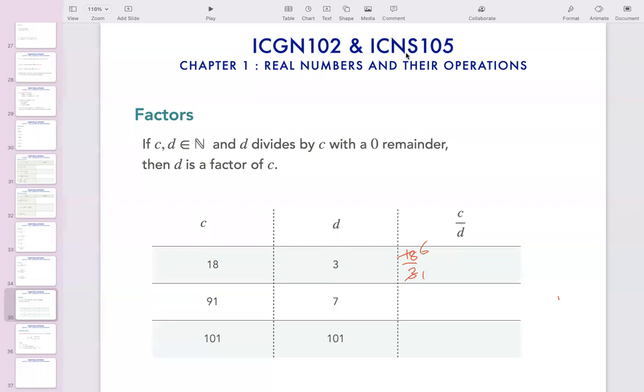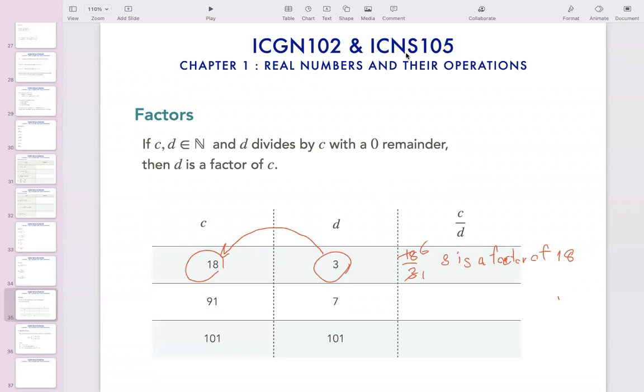The remainder is 0. So it means that D, that means 3, is a factor of 18.